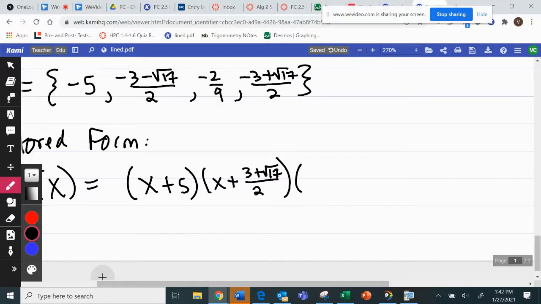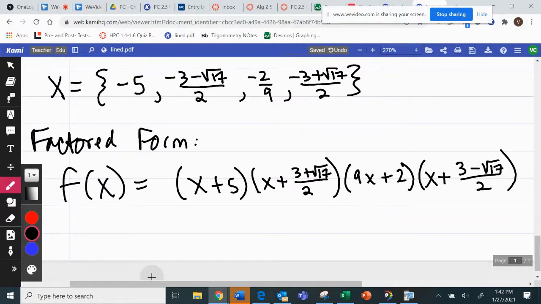And then we will have our 9x plus 2. And then we will have x plus 3 minus square root 17 over 2. So those would be the factors.